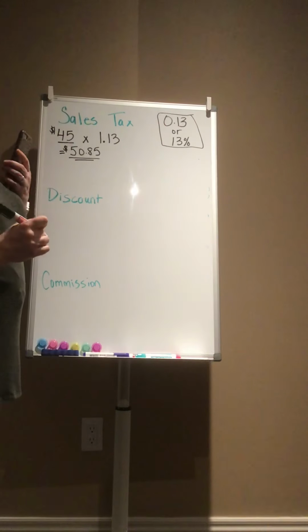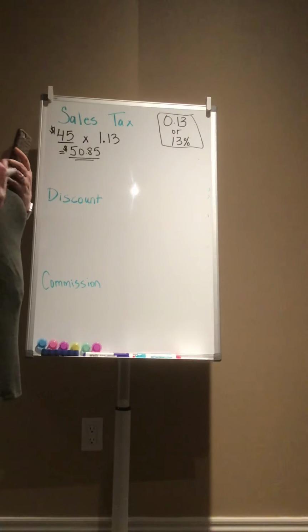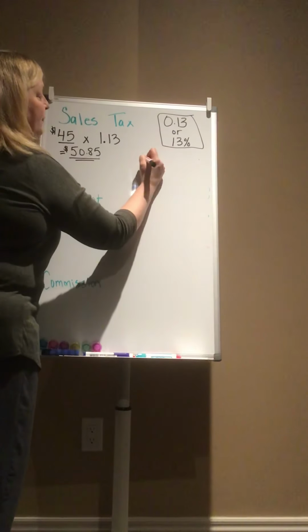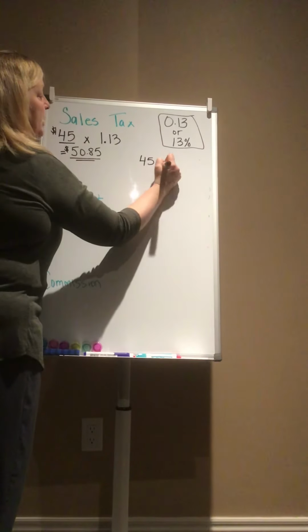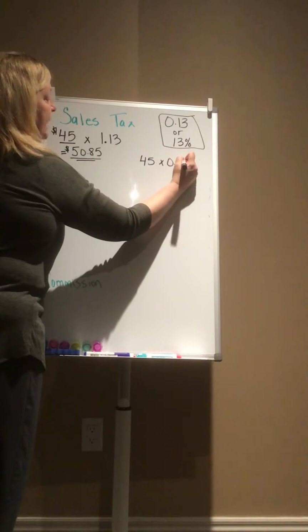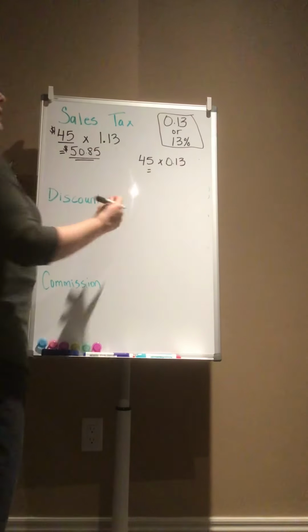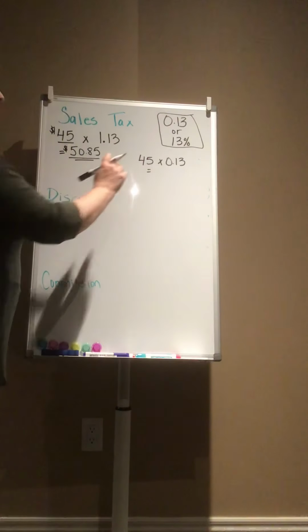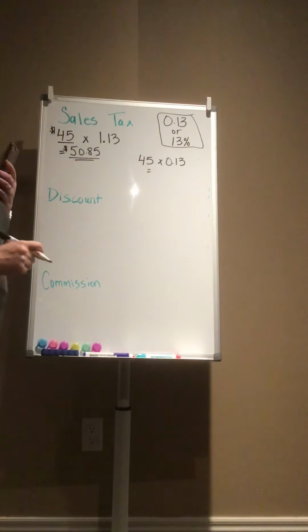If, on the other hand, the question asks, how much are you paying in sales tax? We don't need this 1. We have the $45 and we know that our sales tax is 13%. If we only want to know the sales tax, not the total cost, we leave that 1 out.